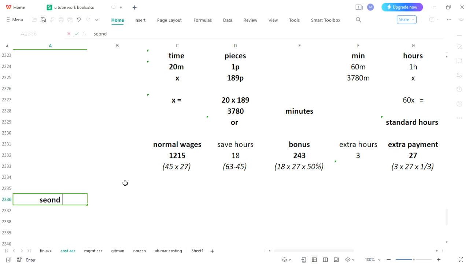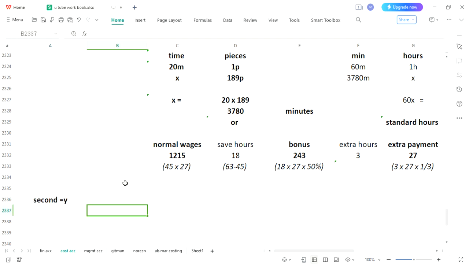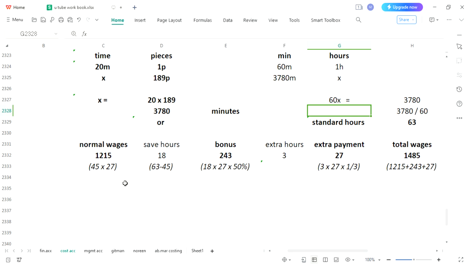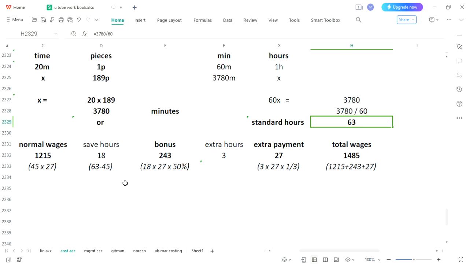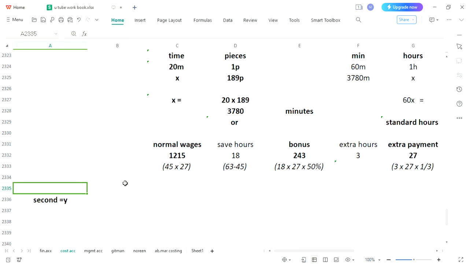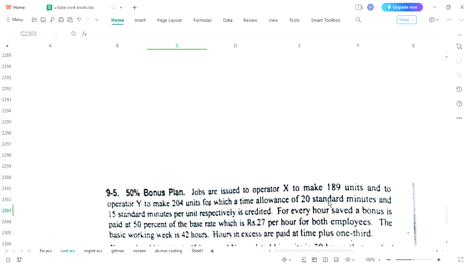Second person here is Y. So calculation for Y would be started. As in X, what first part was, we have calculated standard time, which was 63. In the similar way, we will be calculating standard hours for Y as well. For Y, we will go back to the start of the question and what has been said.